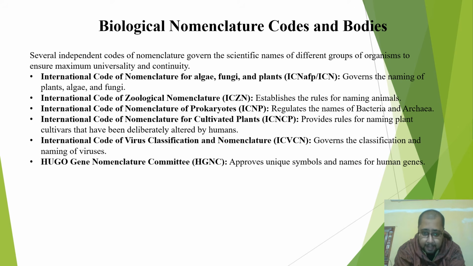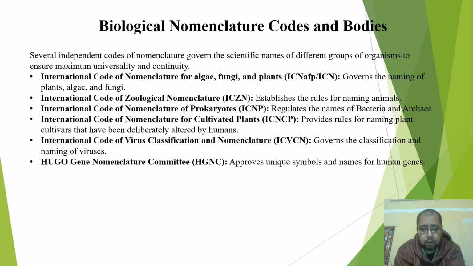Then there is the ICZN, the International Code of Zoological Nomenclature, which establishes the rules for naming animals. And then there's the International Code of Nomenclature for Prokaryotes, which regulates the names of bacteria and archaea, as well as those of cyanobacteria and myxobacteria or actinobacteria, which were formerly classified as actinomycetes or cyanophyta.